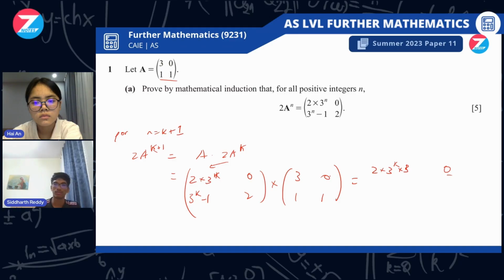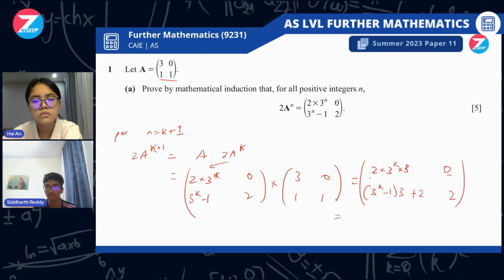On this side, we have 3 to the power k minus 1 into 3 plus 2 into 1, and then 3 to the power k minus 1 into 0 plus 2 into 1, so that's just 2.